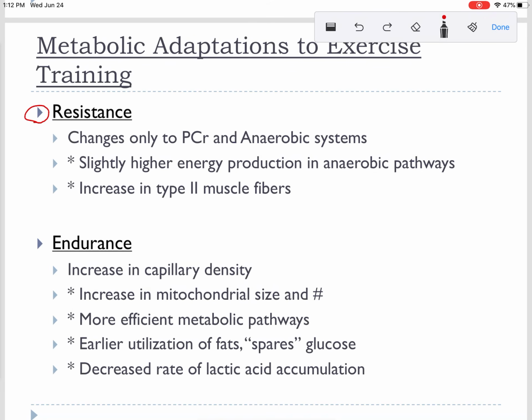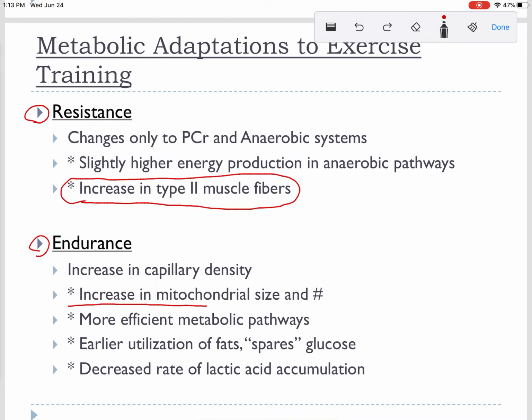In a resistance exercise, like a sprint or weightlifting, when you train more, you can actually increase the number of type 2 muscle fibers you activate. That is a metabolic adaptation. If you lift weights over a period of time, the longer you lift weights and train, the better able you are to activate type 2 muscle fibers, which are the muscle fibers for that fast twitch.